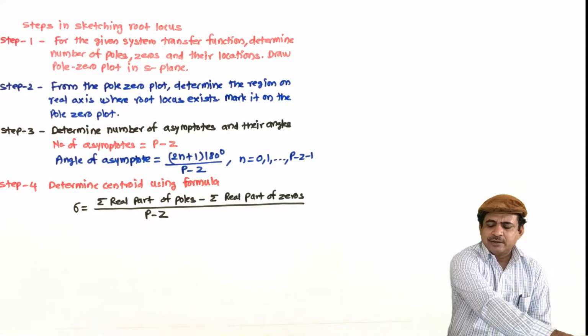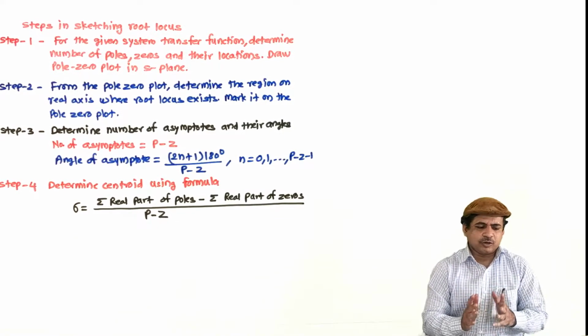So the centroid is also done, and after finding the centroid, draw the asymptotes.